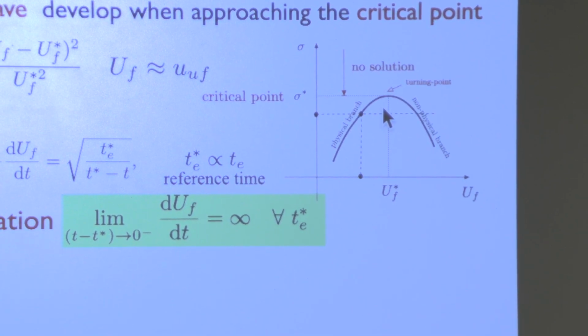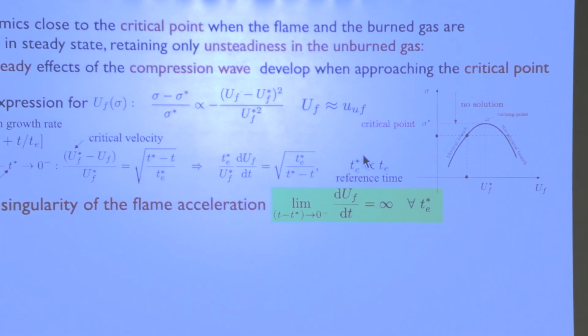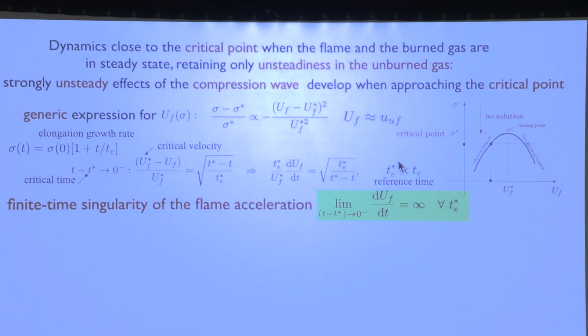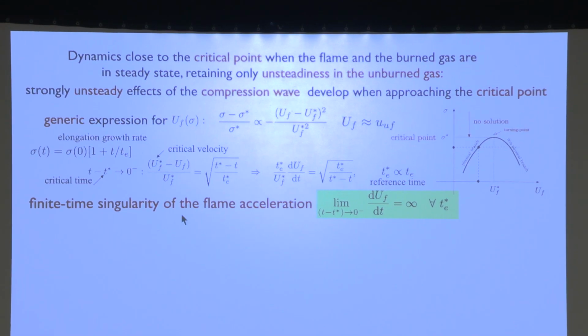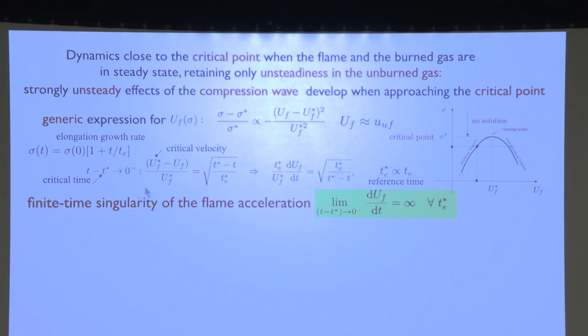And it is clear that at that moment, the flame acceleration diverges. The velocity approaches the critical velocity like a square root of t star minus t, where t star is the time at which we arrive at this value of the elongation, or the backflow, because the backflow is proportional to the elongation of the finger flame.